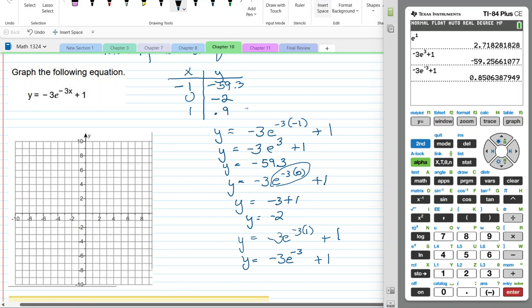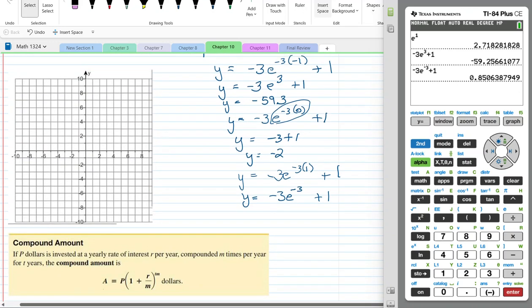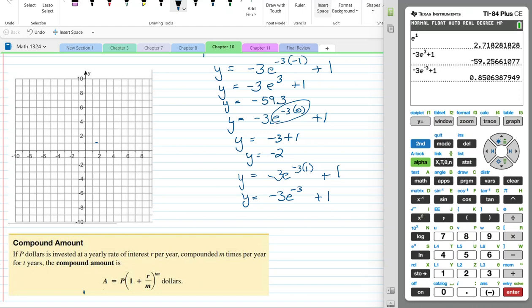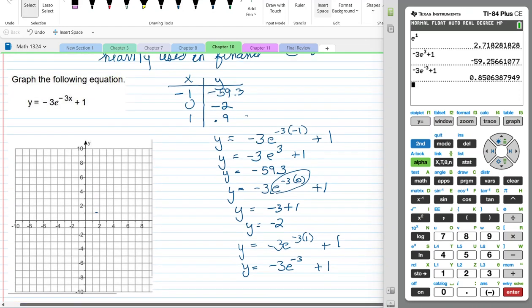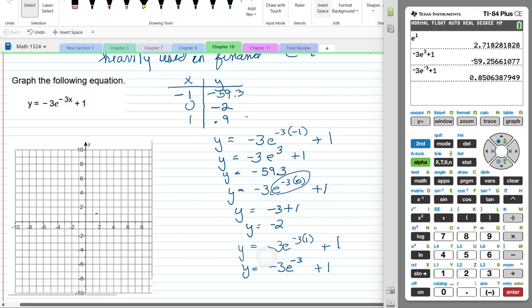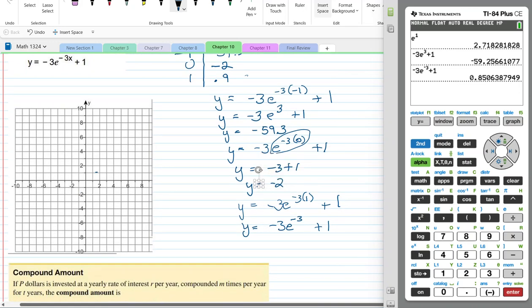All right. So, again, we're not going to have a good view of what we have, but we know that at -1, it is way down here someplace. And then at 0, it is -2. And at 1, it is 0.9. So we've got this kind of line going like this.